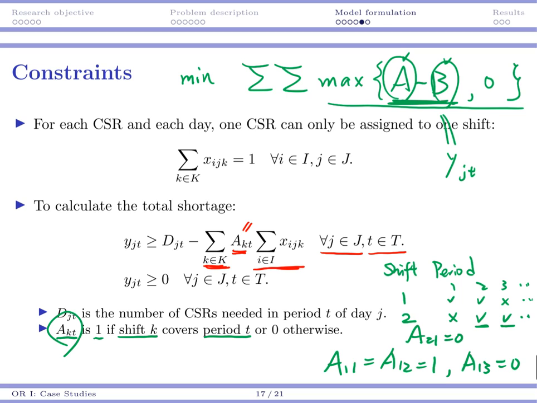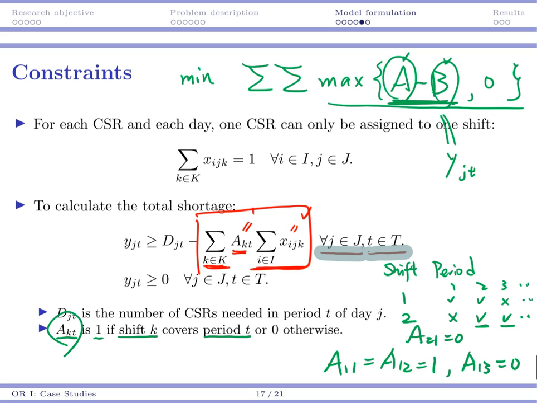Only if that particular shift covers that particular period, then you count the number of workers working in that shift. Each of them contributes 1 labor to that particular period. Then the sum of them would exactly be the number of workers you have on duty in that particular period. Okay, that's how we calculate the supply.